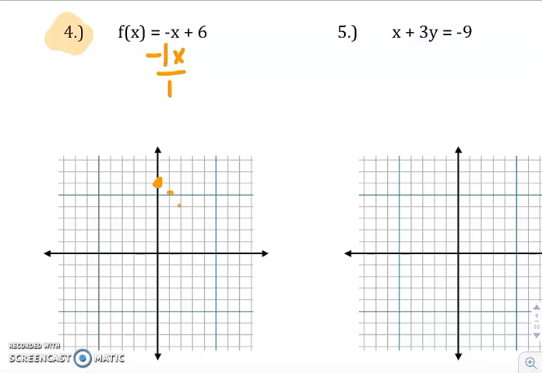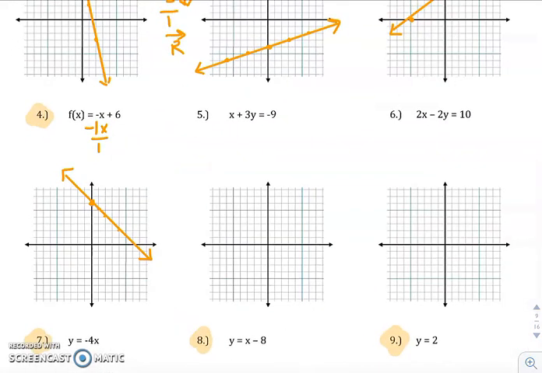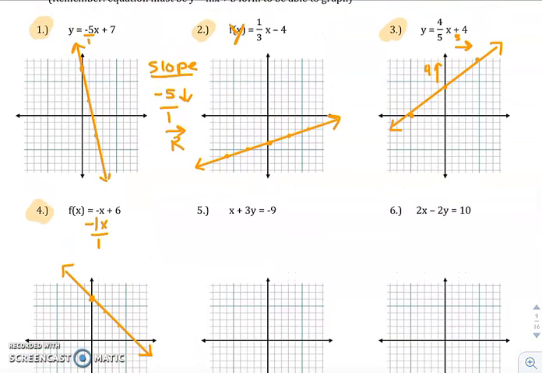Down and right, down and right. So just knowing whether or not your slope is positive or negative, it's helpful to see if at least your slope matches whatever was in your equation.